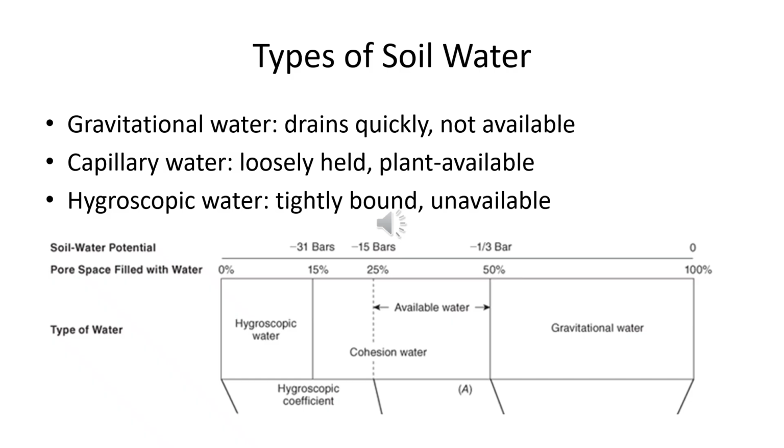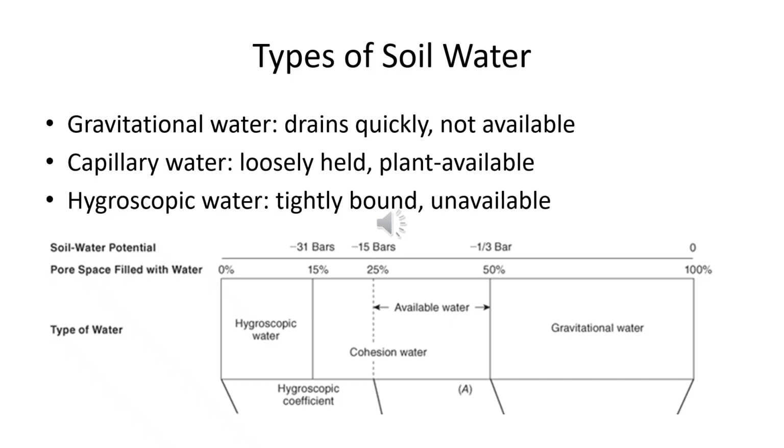Okay. So the first one we have is gravitational water, which drains rapidly after rainfall. It contributes very little to plant growth. It just zips right through the soil because of gravity, gravitational water.